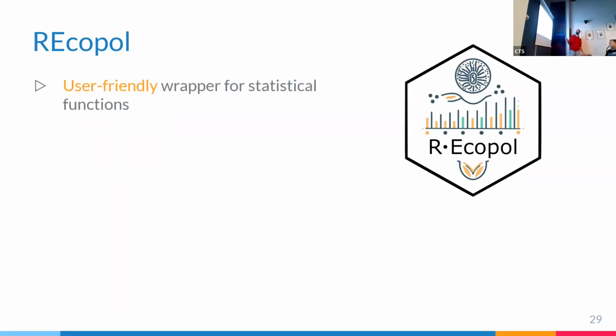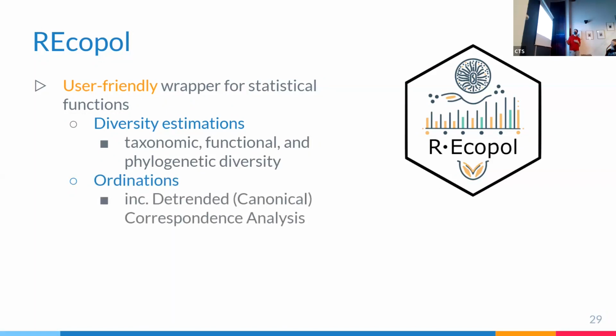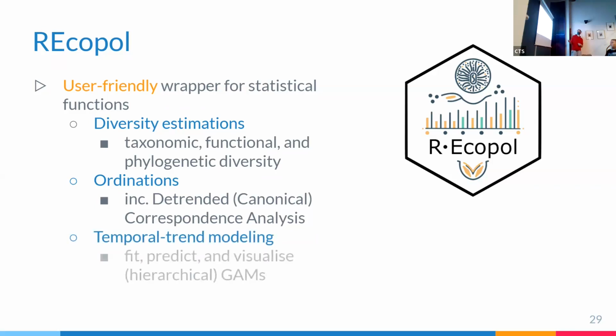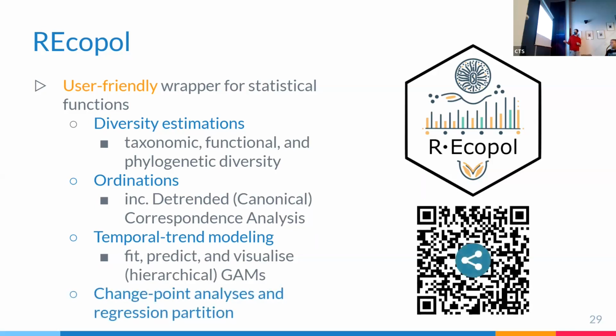So it's basically just a user-friendly wrapper for lots of statistical functions to make it easy for people. There's some diversity estimation, taxonomic, functional, phylogenetic diversity. There's some ordination, including DCCA, which to my knowledge was not present in R before. Some temporal trend modeling, like fitting, predicting, visualizing hierarchical models, and some other stats things. So this is what I've been working on.